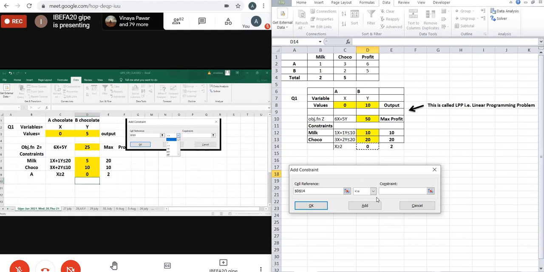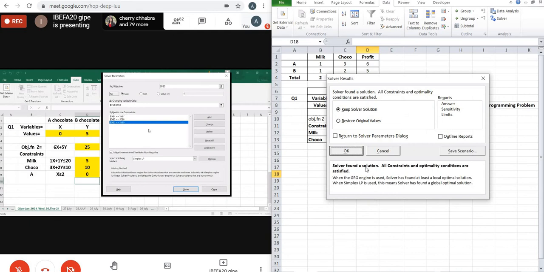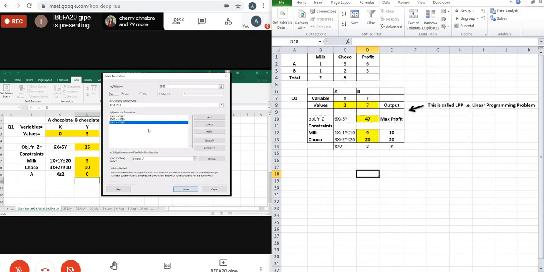Greater than or equal to 2. So 3 constraints are there in your LPP, isn't it? Yes, I got it. Solve it.